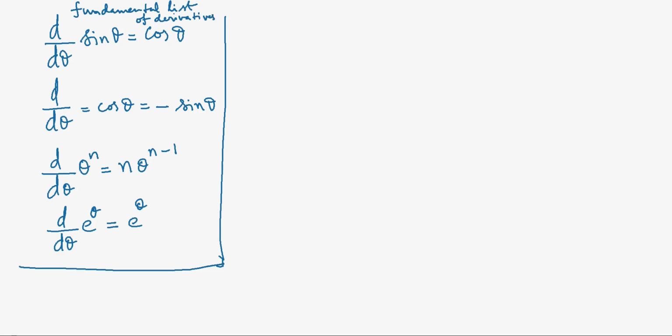One important thing we need to look at: the differentiations are all with respect to theta, and the operand it is operating on also contains theta. What I mean is, if somebody asks you to solve d by dx of sine theta, what is the answer? Cos theta. Sorry, cos x. No. We are asking the differentiation with respect to x.